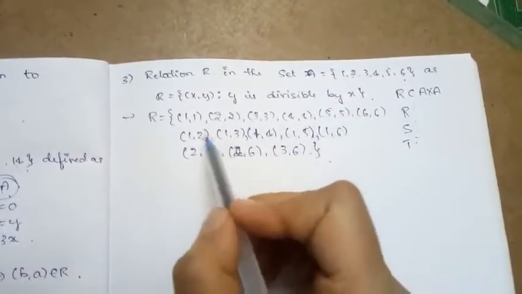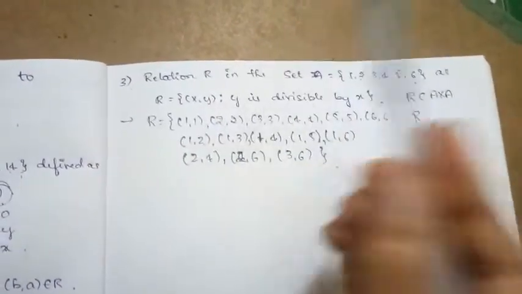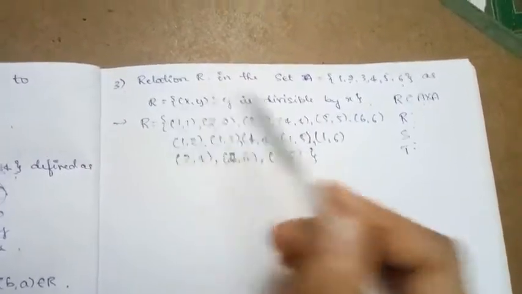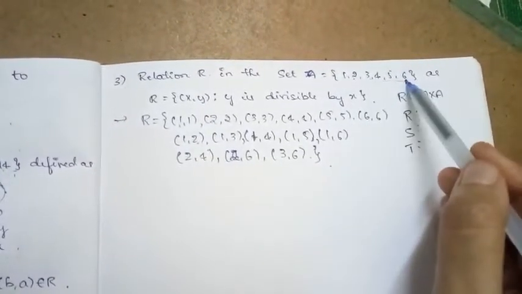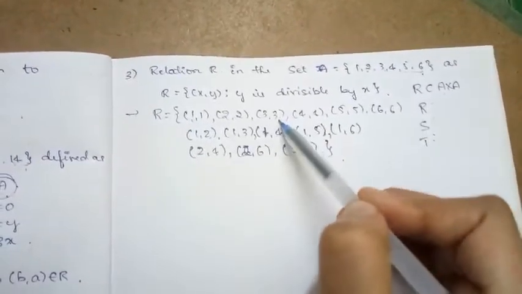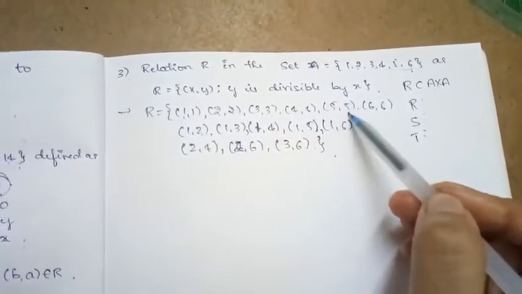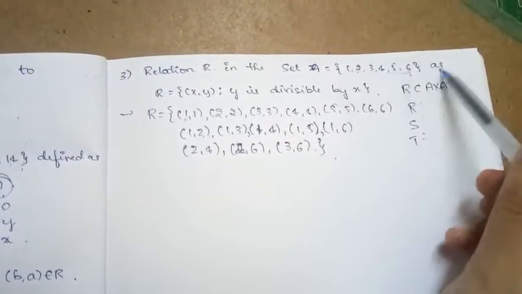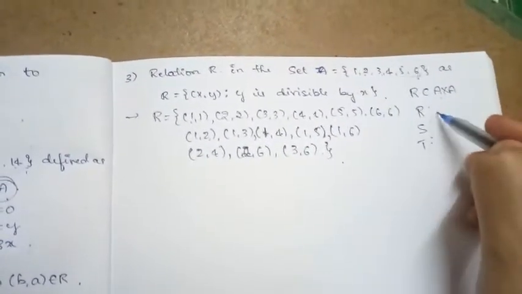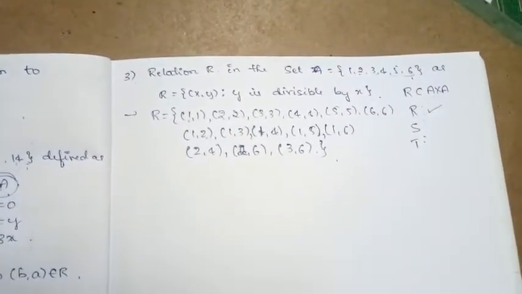By looking at it, we can say that it is a reflexive relation, because the ordered pair doublets of all the elements in the set A are in the relation, that is (1,1), (2,2), (3,3), (4,4), (5,5), (6,6). So for all the elements present in the set A there is a doublet, so it is a reflexive relation.